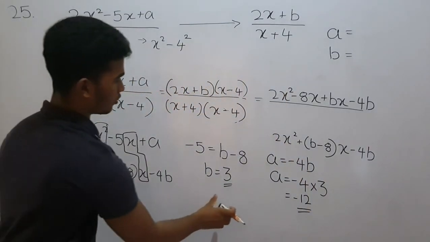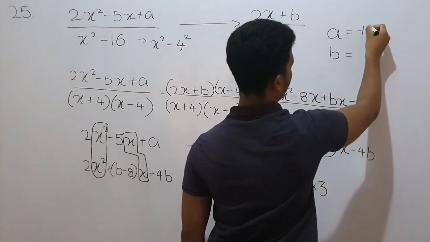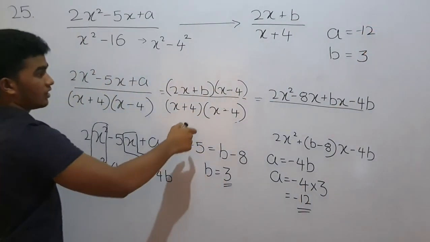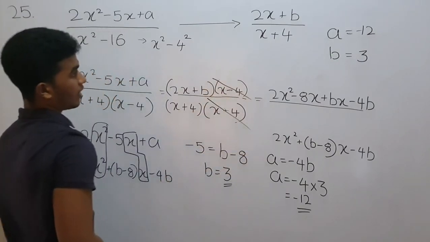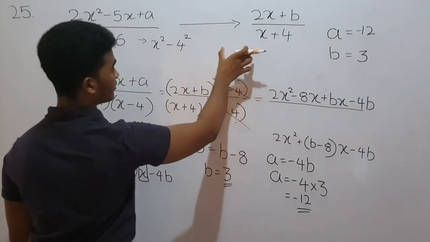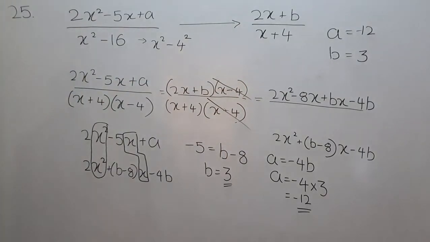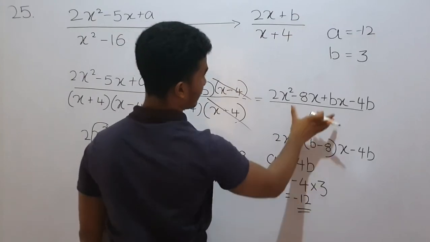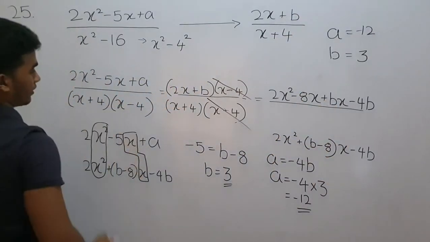These are our two values, minus 12 and plus 3. So you can see how I cut these two and you get this. That is the trick you should use here: multiplying x minus 4 with the given answer, getting that expression and equating it. That's it.